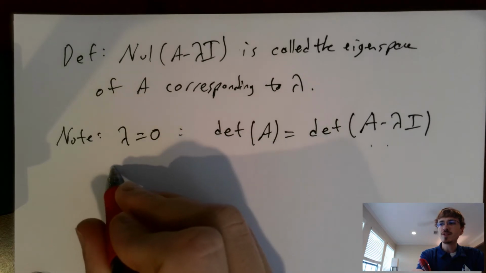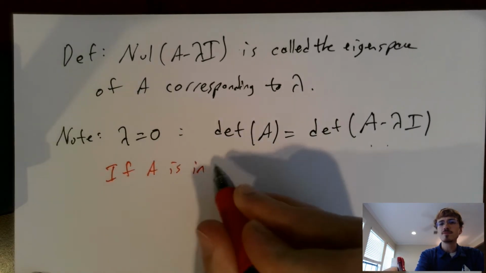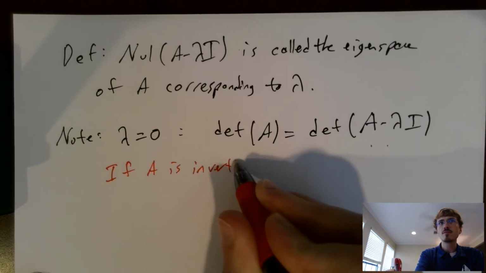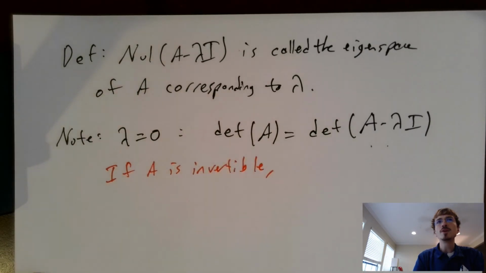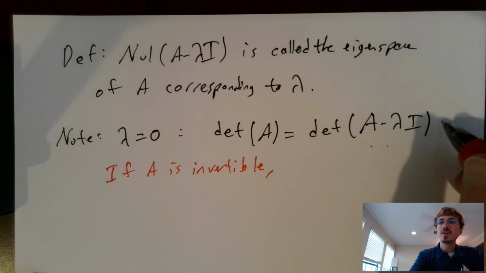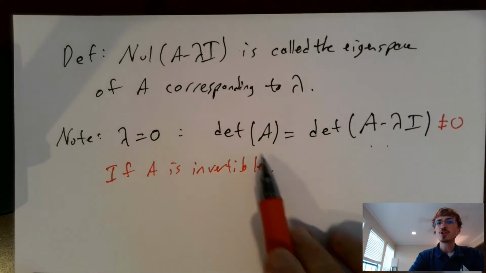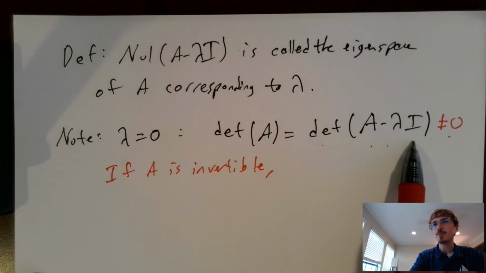Let's see what that means. If A is invertible, what do we know about the determinant of A? It's not 0. So if the determinant of A is not 0, then the determinant of A minus lambda I is not 0.